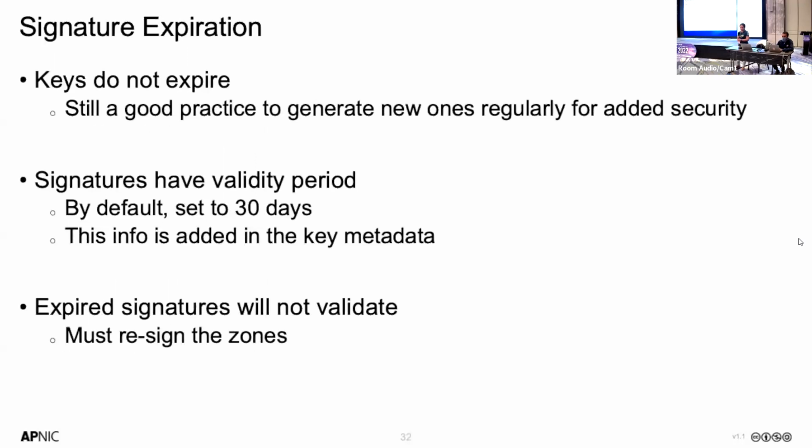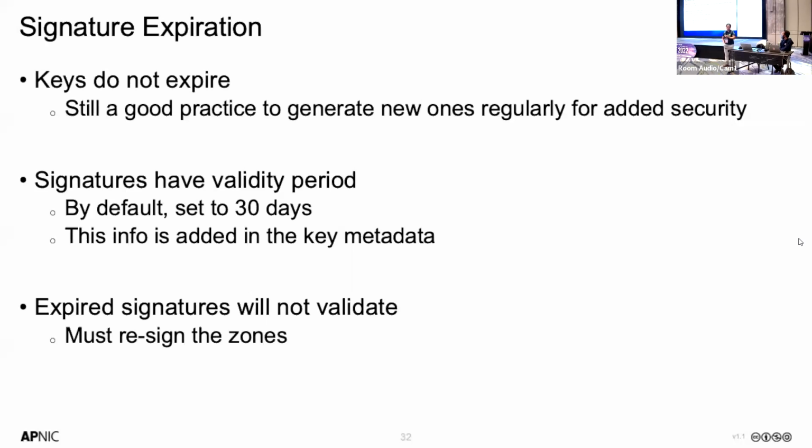Now, you've seen in one of the examples in the RRSIG earlier that signatures do have a validity period. It can be one month, a few months, or a year, something that you set. By default, in most DNS applications, it's set to a month.